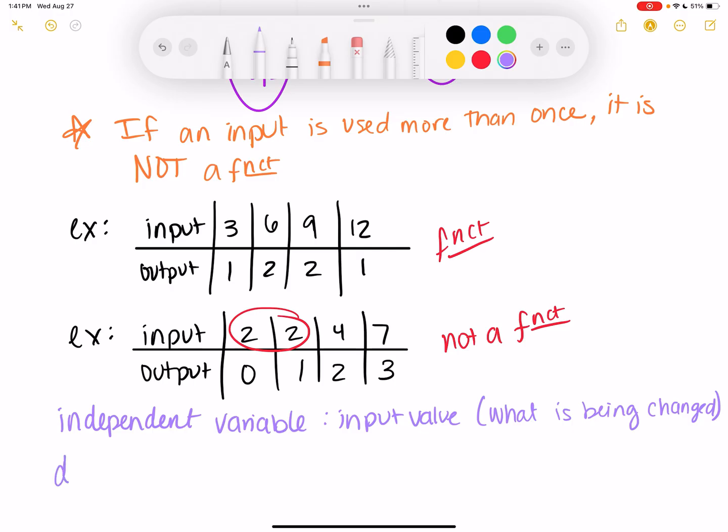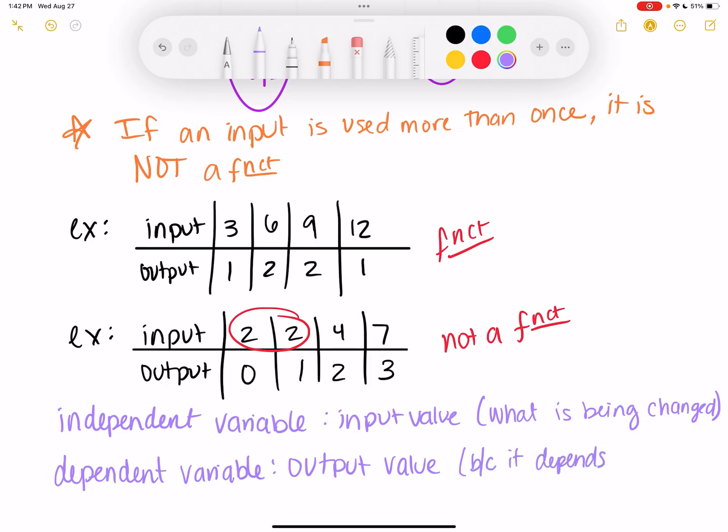The dependent variable is the output value because it depends on the input.